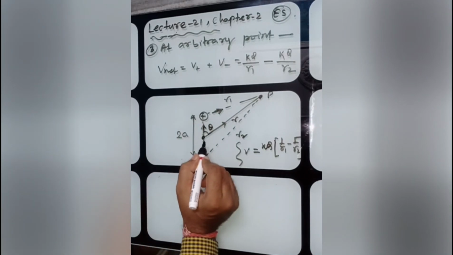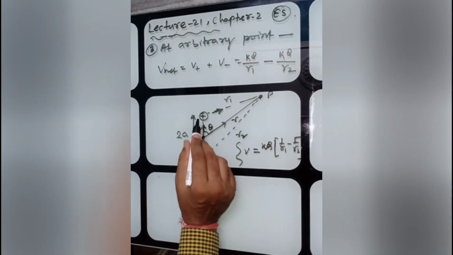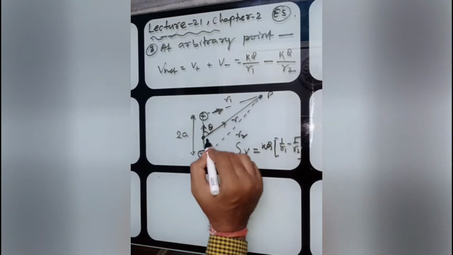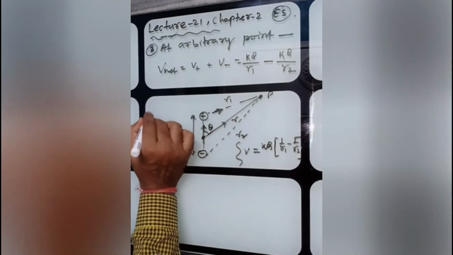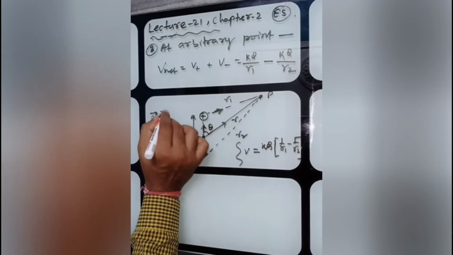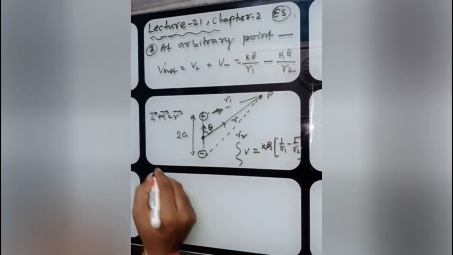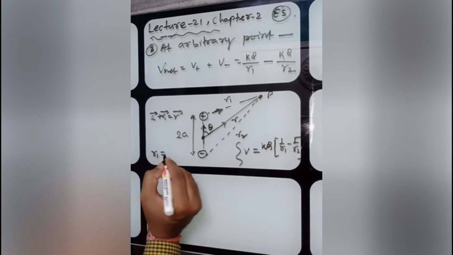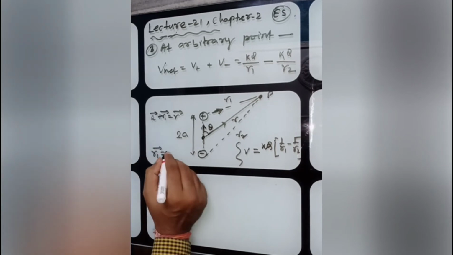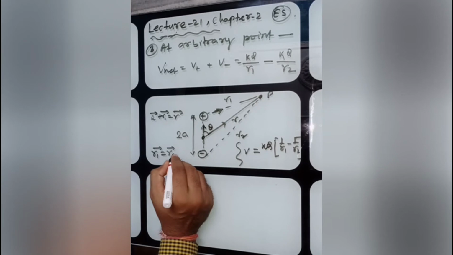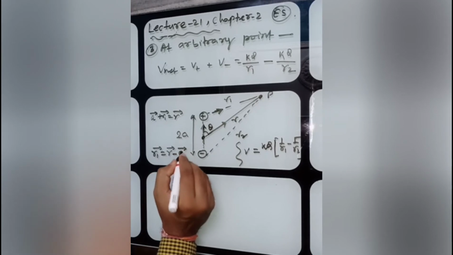Using the triangle law, you can write vector A plus R1 is equal to vector R. We have to find R1, so vector R1 can be written as R minus A.